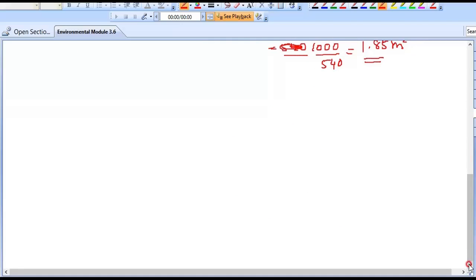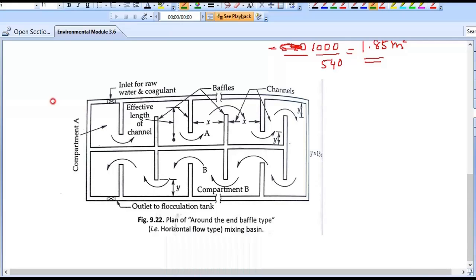Now the distance between the baffle walls is kept equal to the minimum permissible. I will show you the diagram how it is. Now here, this is a baffle wall and this is another baffle wall. Then the clear distance between the baffle walls, how much is it? Minimum, as per the guidance, it is 0.45 meter.